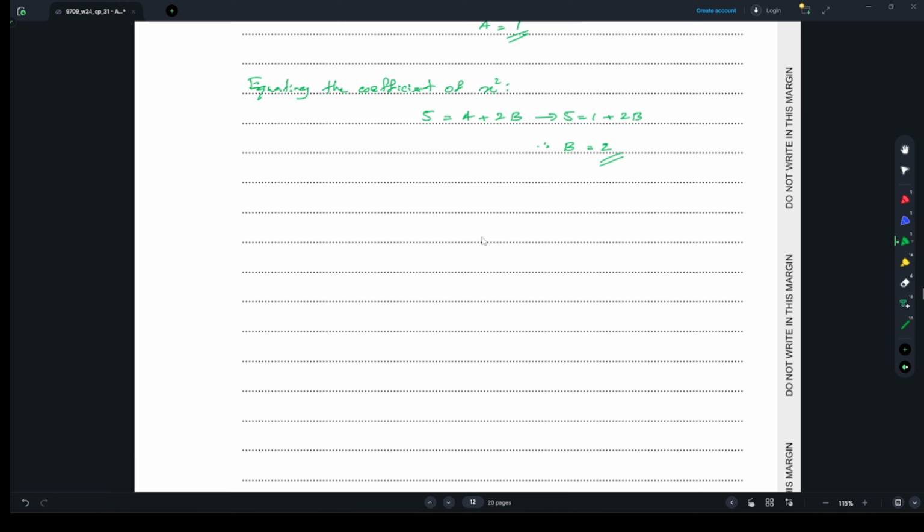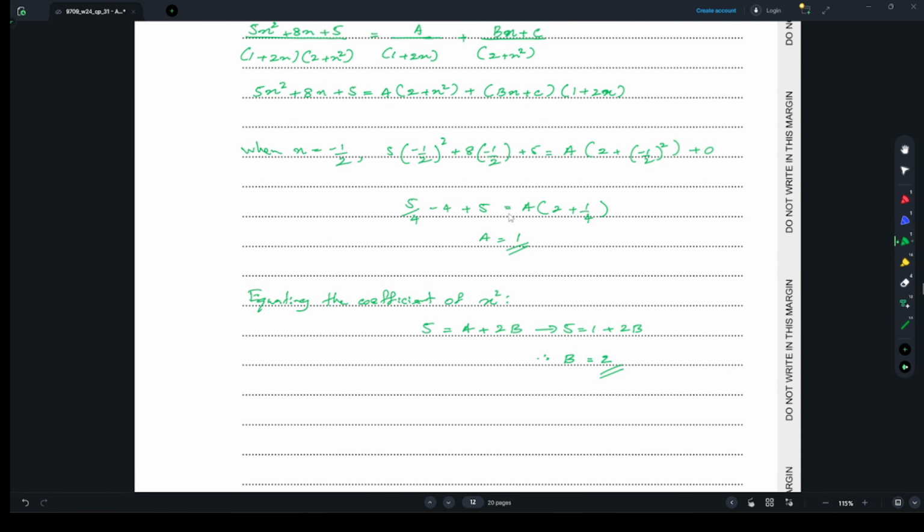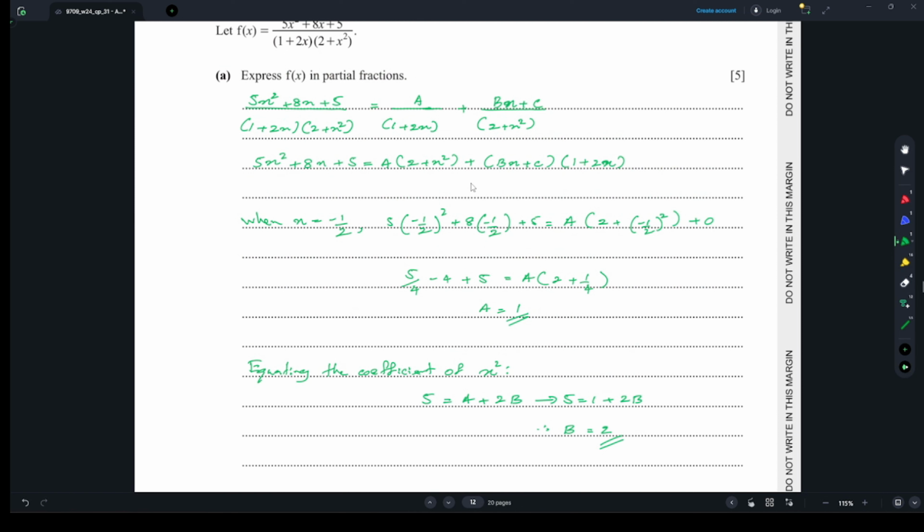And then also it's easy to find c by considering the constants. Okay, because in the left side we have the constant 5, and in the right side you will receive a constant a times 2, and then here c times 1.